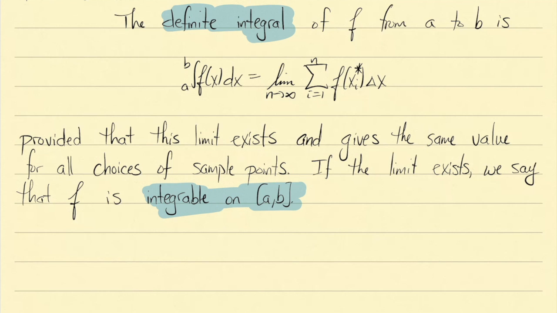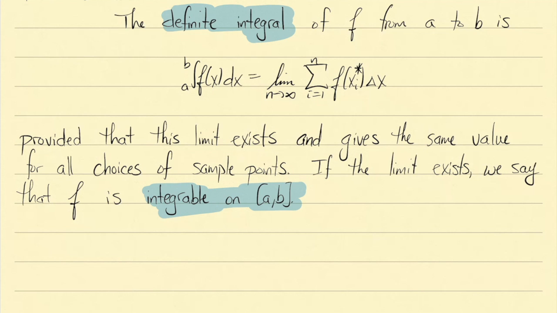So the definite integral of f from a to b is expressed as this symbol here. We have our starting left endpoint a, our ending right endpoint b, this elongated s, which is the integral sign, f of x, and then this dx. dx indicates which variable we are using when we integrate our function f.